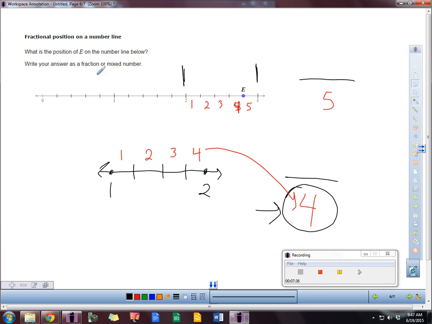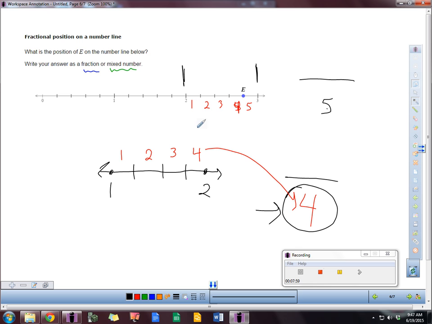There are a couple different ways, and this all depends on if you are going to do this with a mixed number or as an improper fraction. Either way, we have to find where this blue dot is.